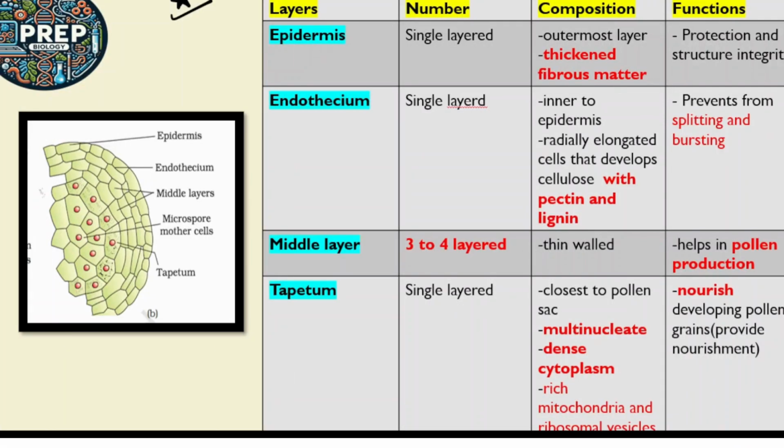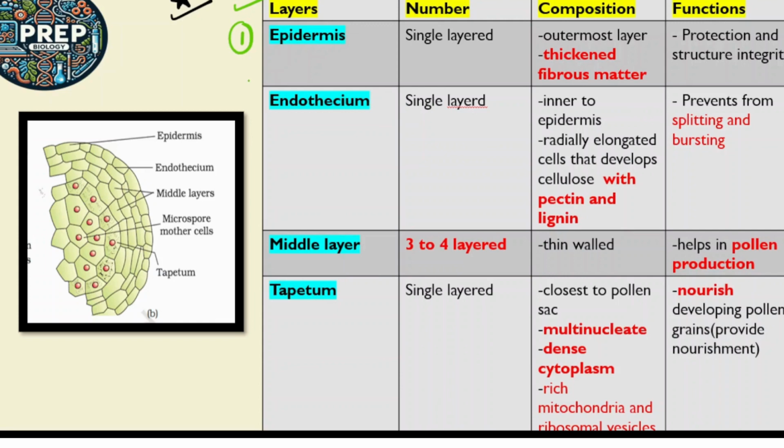Let's study about the different layers of anther and their function. You can take a screenshot of this chart and add it in your notes. This is the most simplified way of representing the different layers.